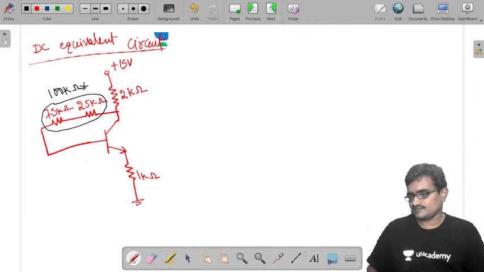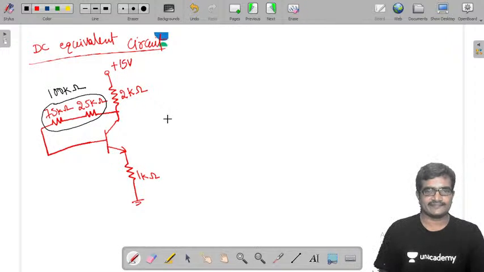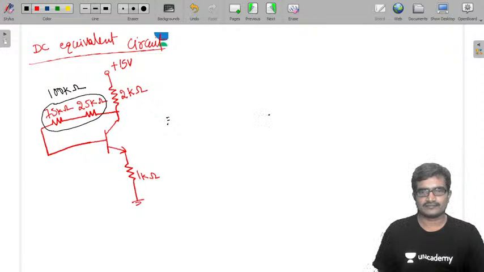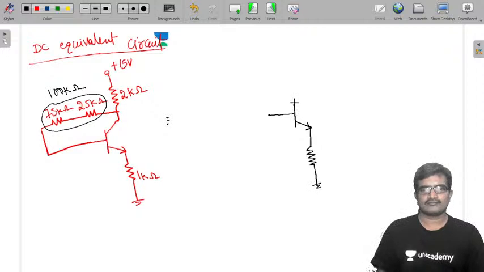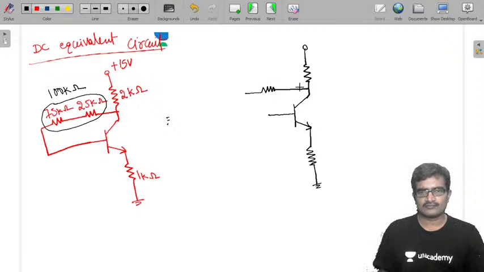Now the new circuit is like this. This is 100 kilo ohms, plus 15 volts.